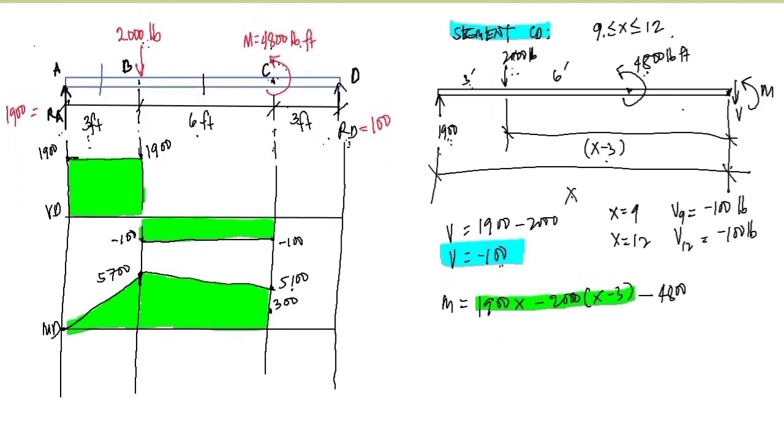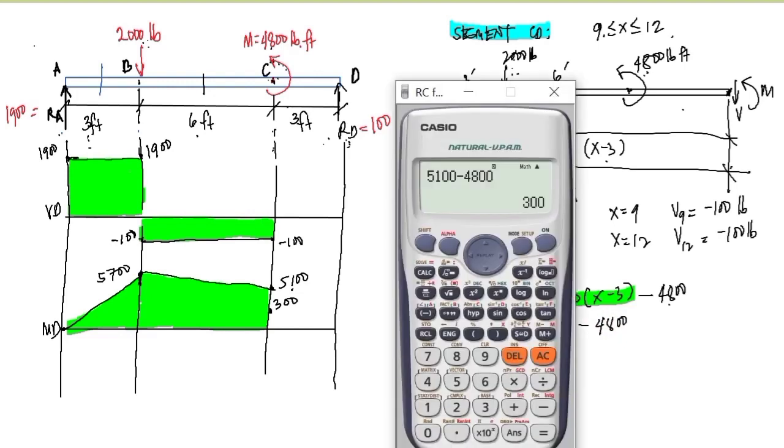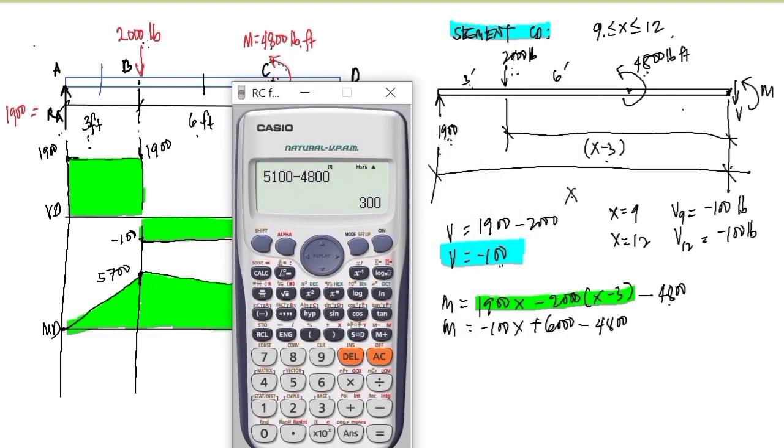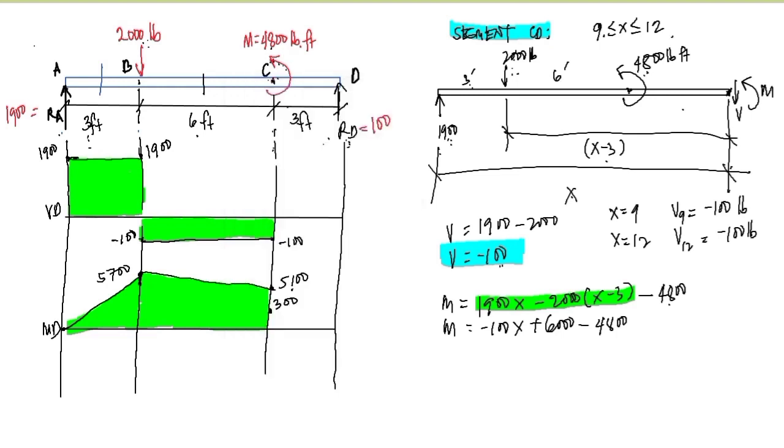So, magkakaroon tayo dito ng equation na moment is equal to negative 100x plus 6,000 minus 4,800. And to simplify this, we have 6,000 minus 4,800, and that's 1,200. So the moment here is equal to negative 100x plus 1,200.